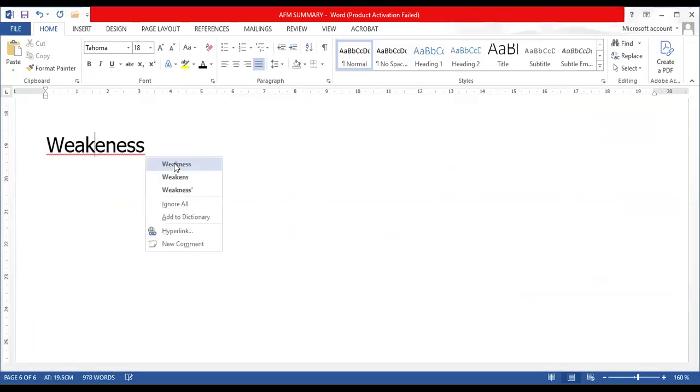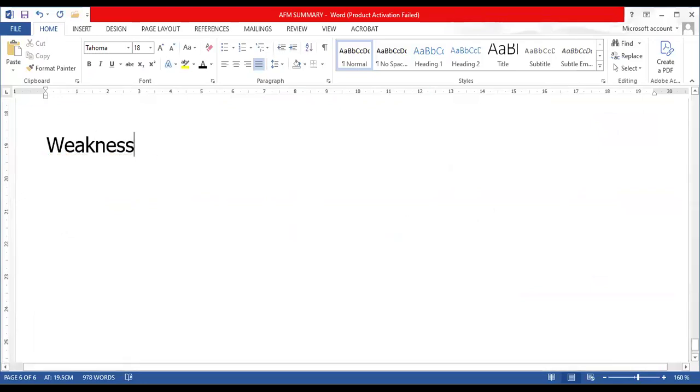The weakness of sensitivity analysis. Who can tell me? What are the weaknesses, the disadvantages, the limitations?